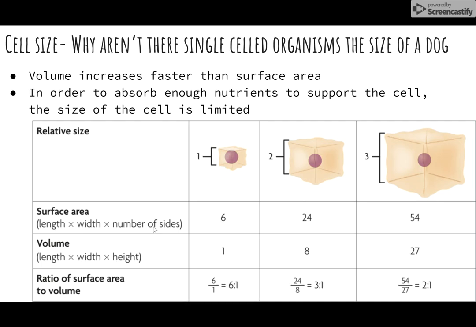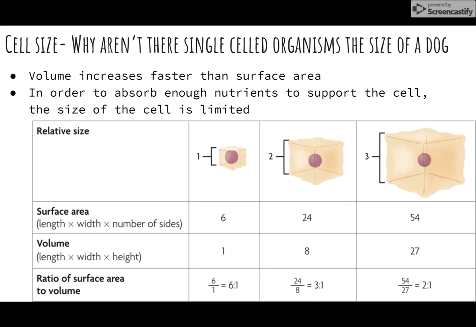The next topic is, why aren't cells bigger? Why are cells little? And it has to do with the limit placed by the surface area to volume ratio. That ratio puts a limit on cell size. Volume increases at a faster rate than surface area does.